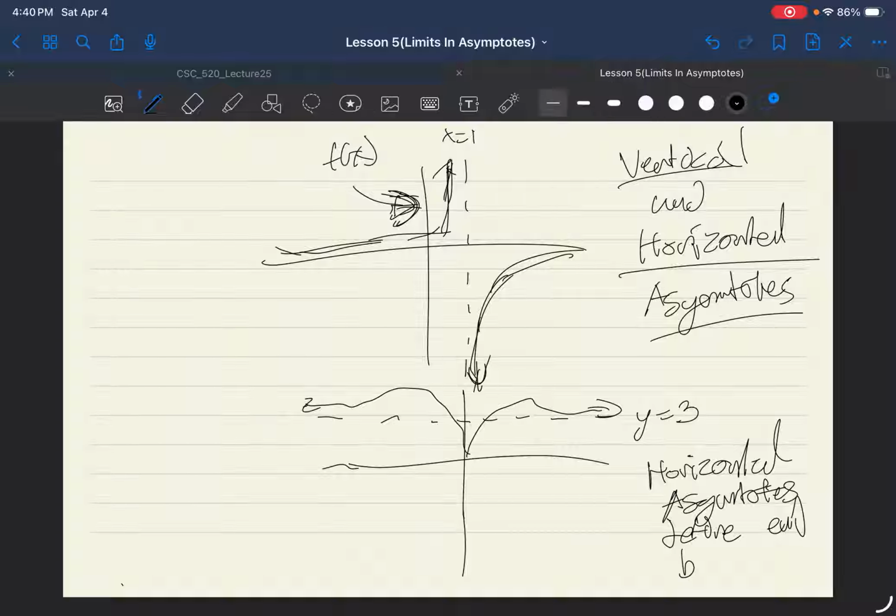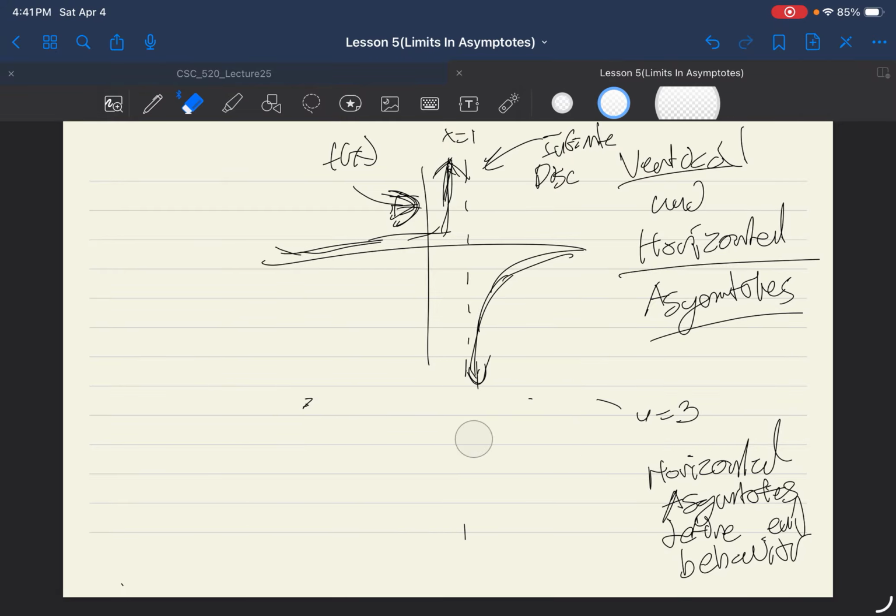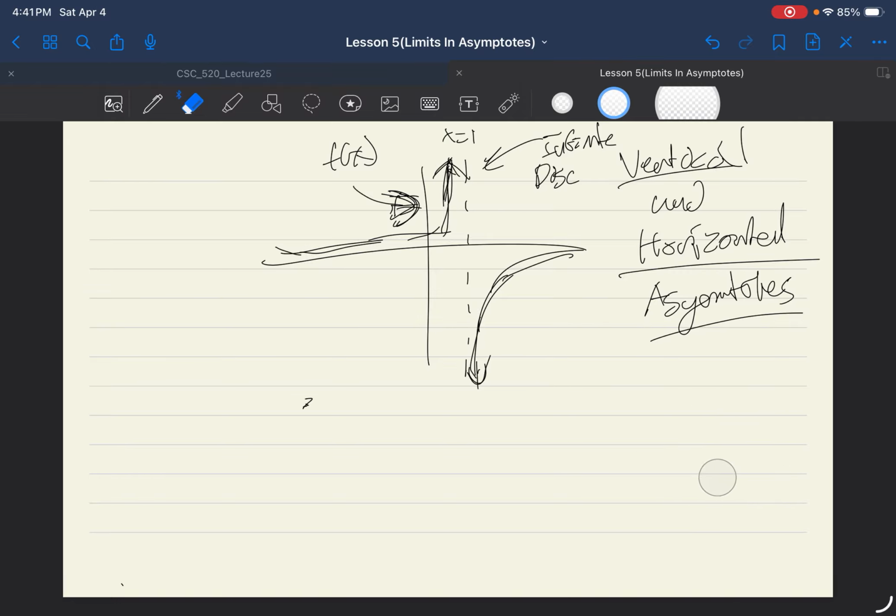They don't define a clear boundary. Only vertical asymptotes or infinite discontinuities are able to do that. We also call these infinite discontinuities, right? So yeah, that's pretty much the gist of what horizontal and vertical asymptotes are.